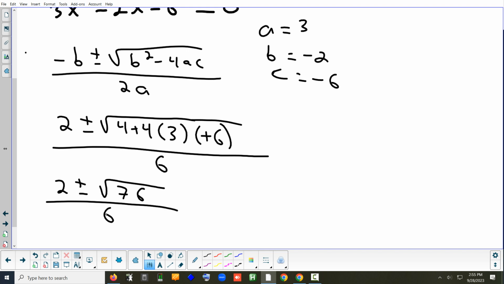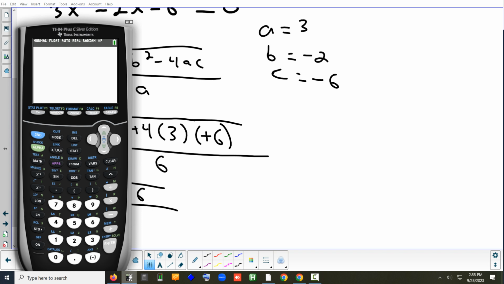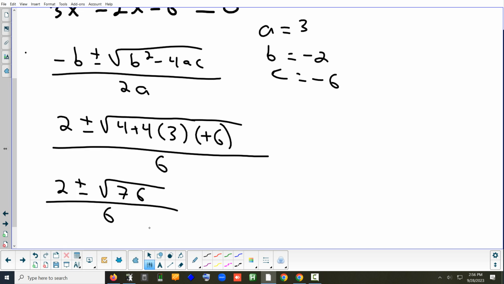Now, if we can't reduce the square root of 76, that's as simple as it gets. We can check if 76 is divisible by a perfect square, then we need to reduce it. So if you try to divide 76 by 4, yeah, we can do that.